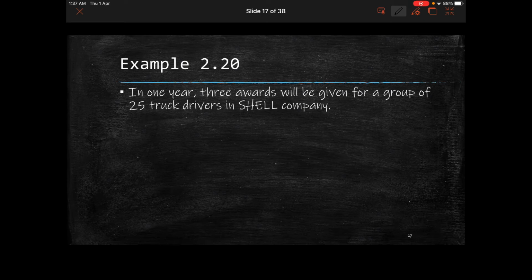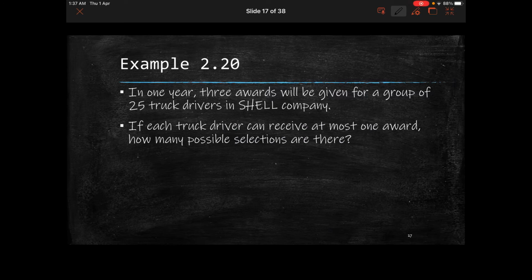Another example, 3 awards will be given to a group of 25 truck drivers in Shell company in 1 year.